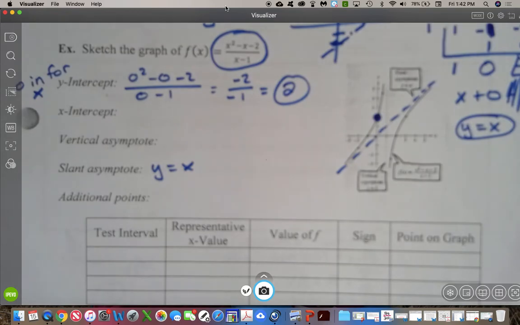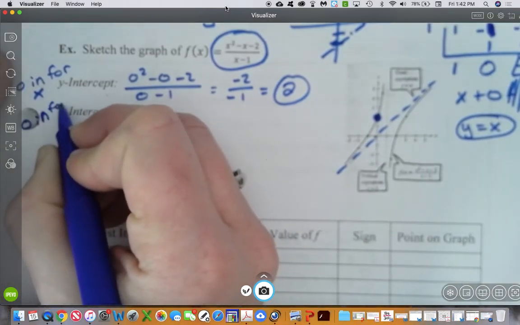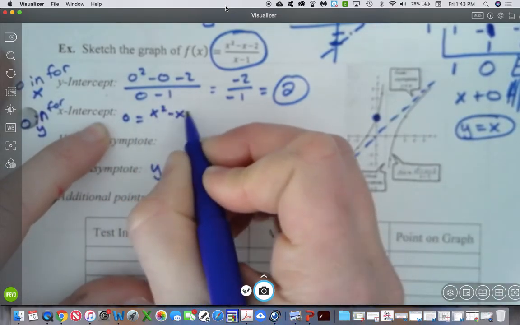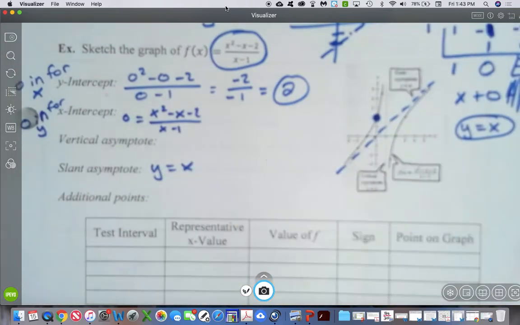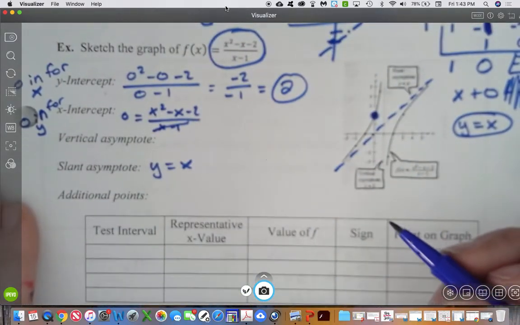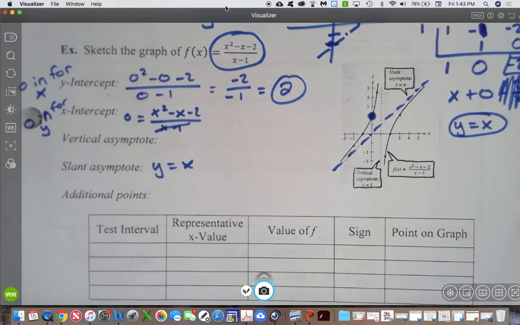The x-intercept, you plug 0 in for y. So I have 0 equals x squared minus x minus 2 over x minus 1, but the same thing happens. The bottom goes away, right? Because you multiply the bottom over and it cancels out, since anything times 0 is gone. So if I'm trying to solve x squared minus x minus 2, can that be factored?